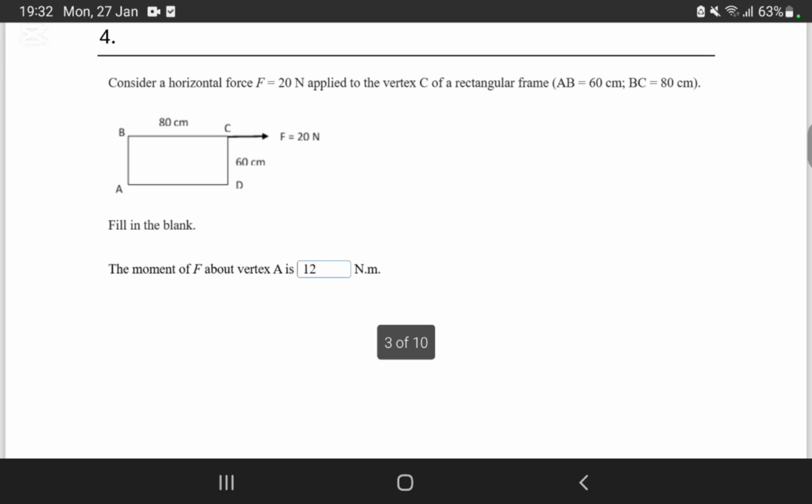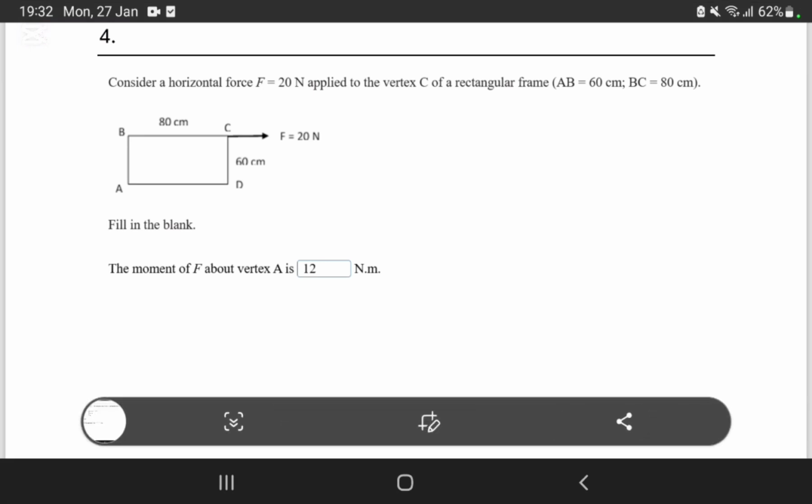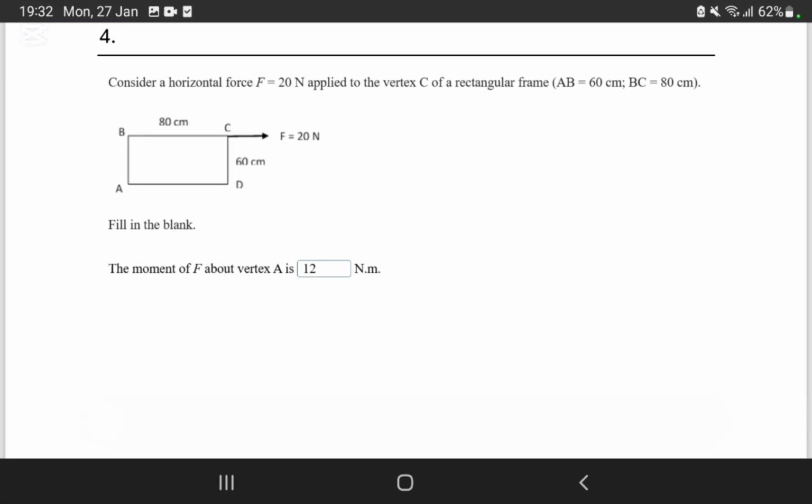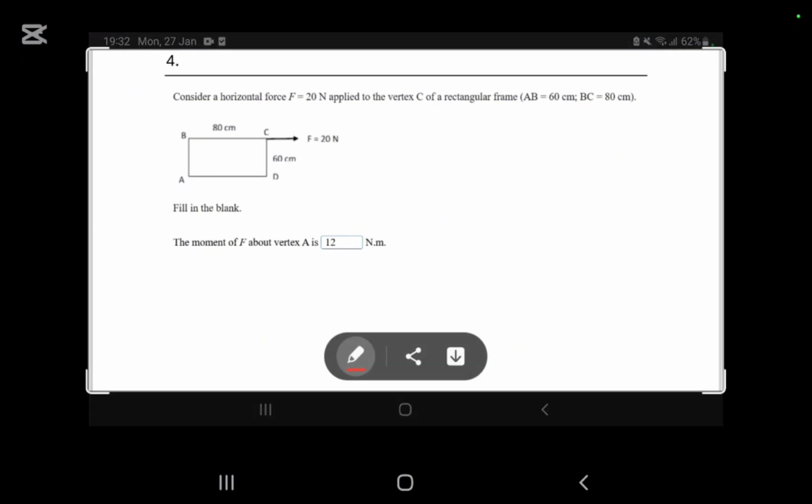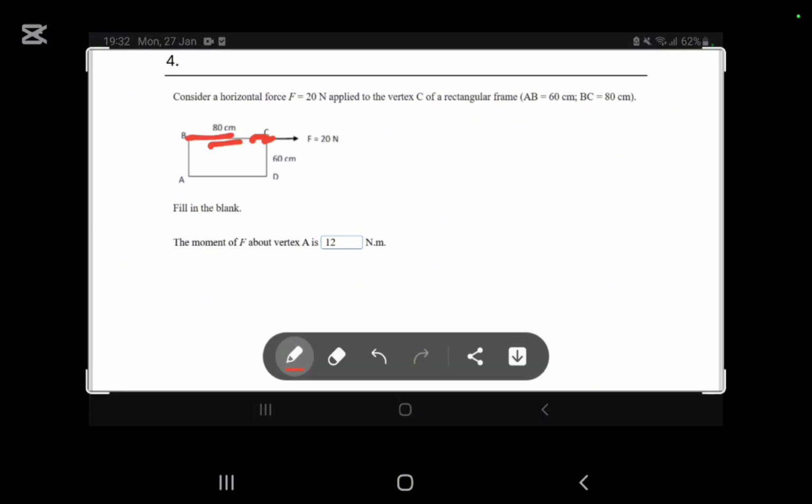Number 4. Consider a horizontal force of 20 newtons applied to the vertex C of a rectangular frame. The moment of F about vertex A is... For this question, let's draw the arm of moment.